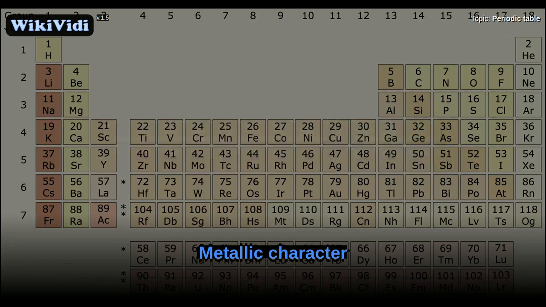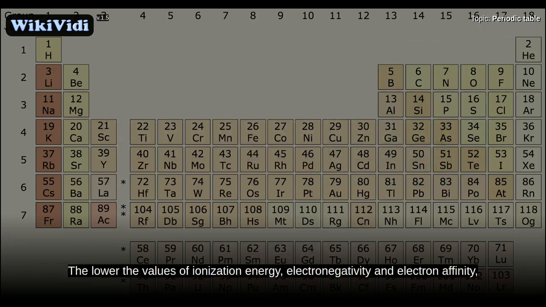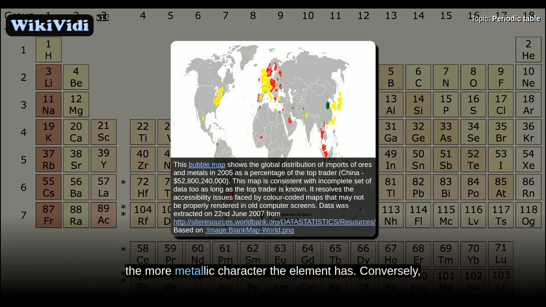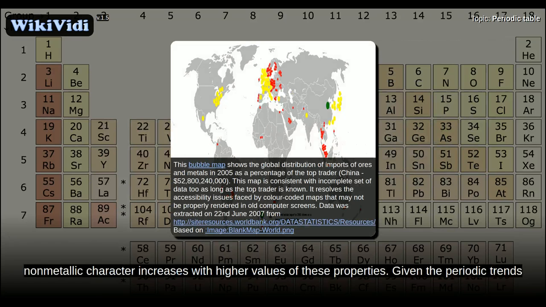Metallic character. The lower the values of ionization energy, electronegativity and electron affinity, the more metallic character the element has. Conversely, non-metallic character increases with higher values of these properties.